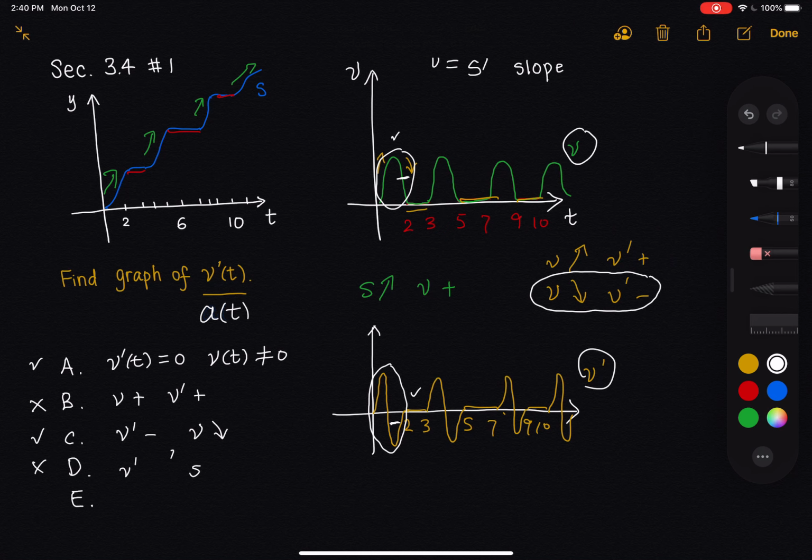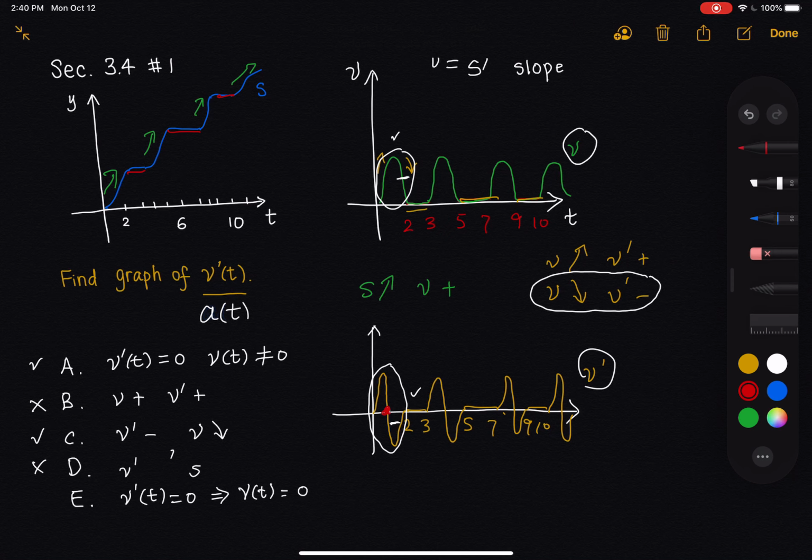Choice E: if v prime is 0, then v of t must be 0. v prime of t equals 0 implies v of t equals 0. I think you can just look at the graph to verify that that's not true. Because right at this point, when v prime changes from positive to negative, it has to cross the t-axis.